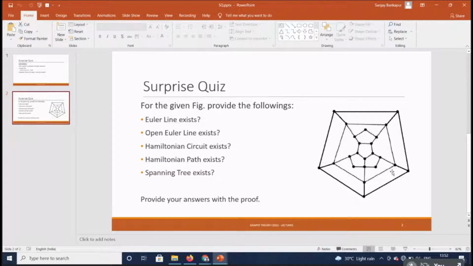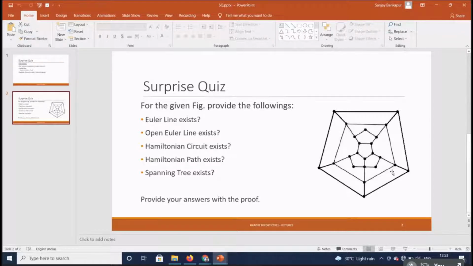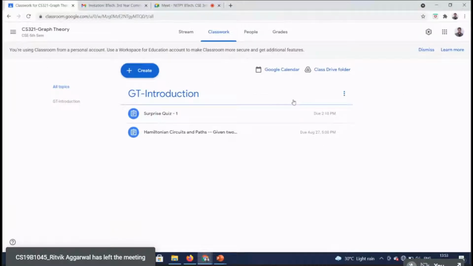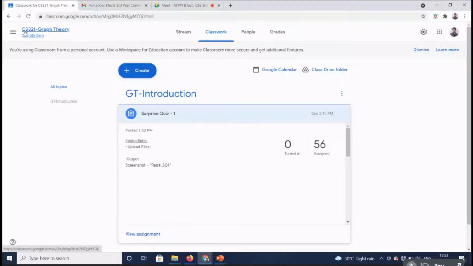Sir, can I get the class code? I was not in the classroom. Sorry, come again. Class code. Yes, sir. I'm new to this class. Just a second. Go to your Chrome, sir. Okay, Classroom. Class code. It's CS321 graph theory.